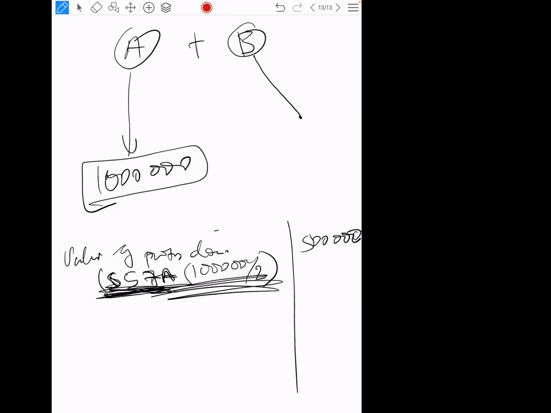So you can highlight what is key there for you. Maybe you're saying equal. Maybe you're saying joint estate. Key things must be highlighted.